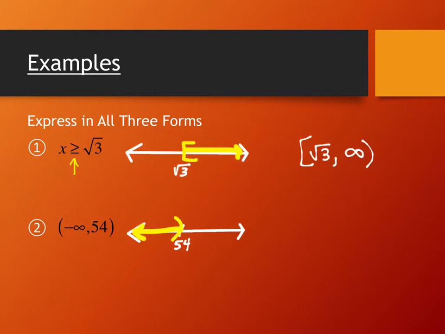A parenthesis, just like the parenthesis in the interval notation, opening toward the shading. And then as I'm describing the relationship between x and 54, is x bigger than 54 or smaller than 54? Smaller. And will I have a line underneath it? No, because I have a parenthesis. Okay, everybody good so far?